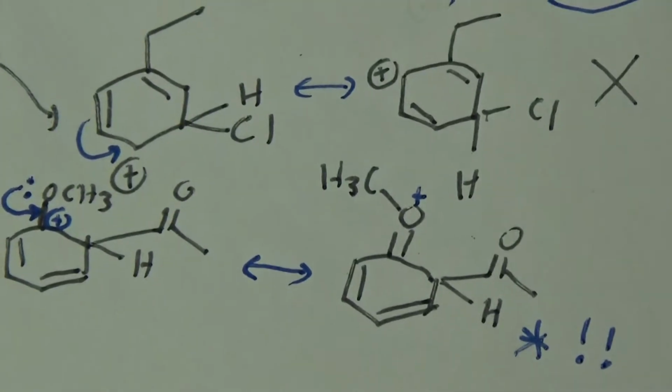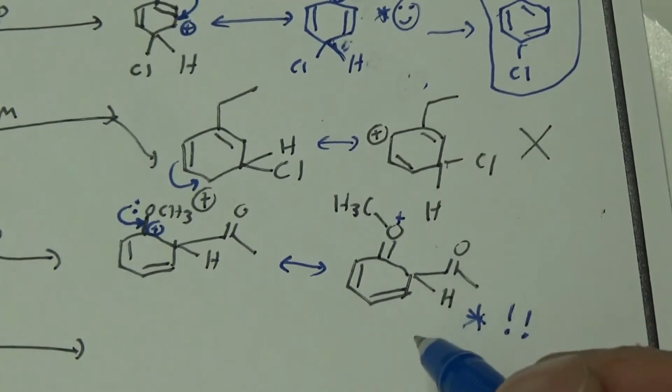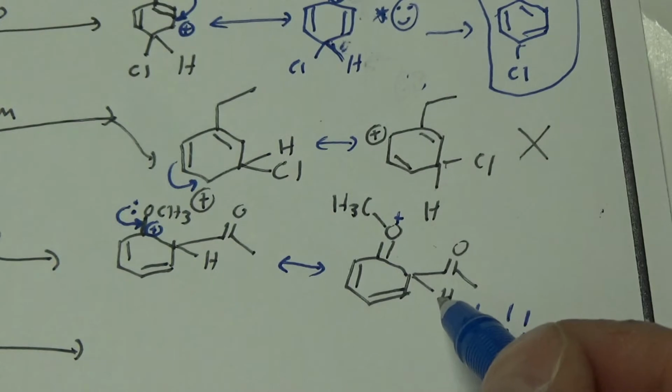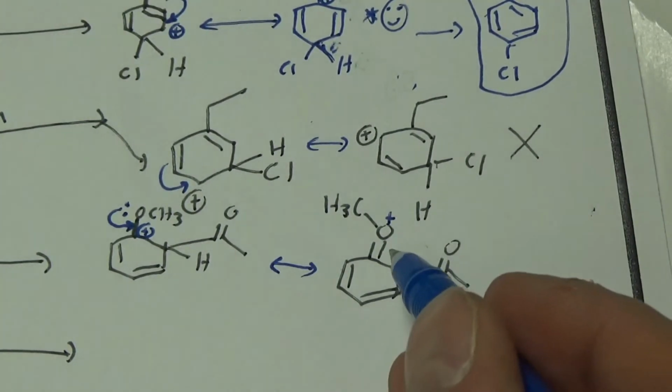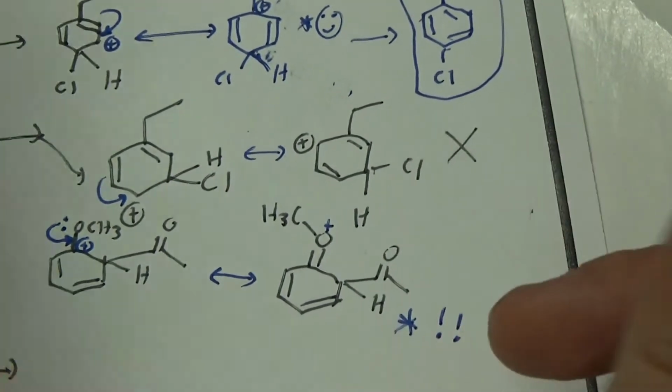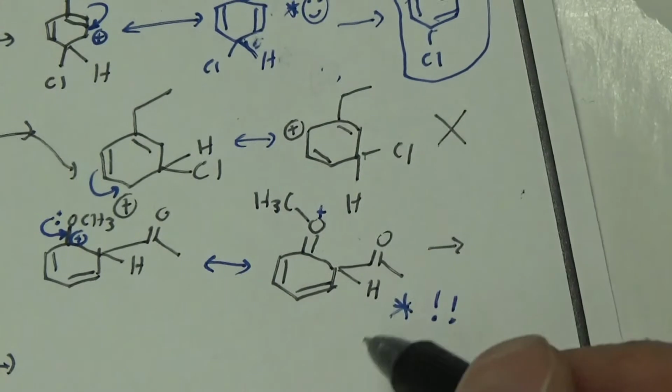Cool. So, without showing the mechanism of the last step, the proton gets removed and the double bond regenerates, kicking the electrons onto the oxygen. And what's the product now?